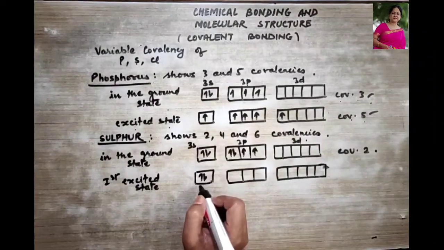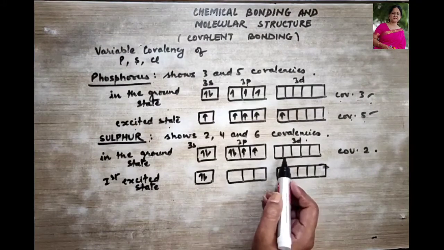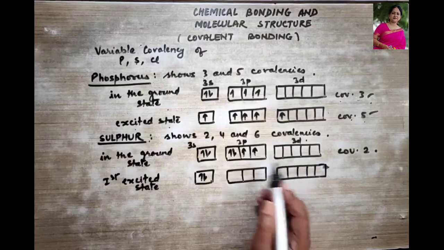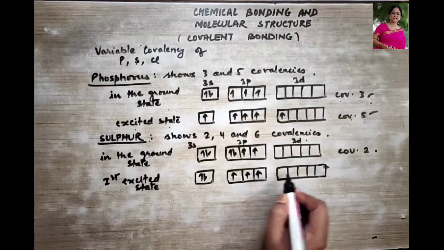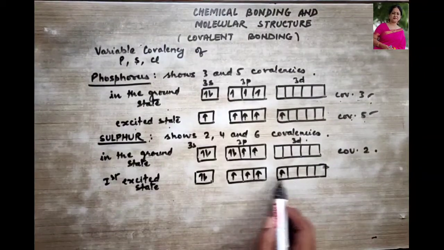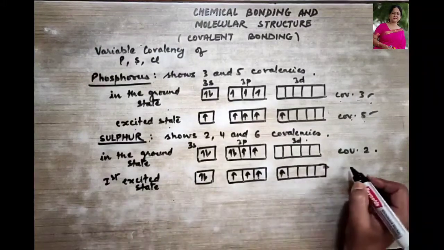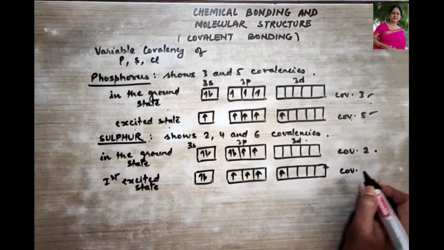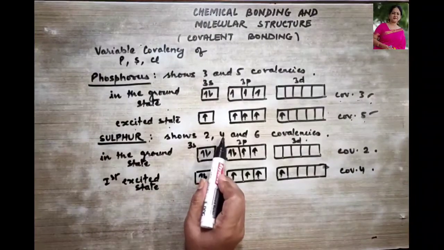So now this is 3s2. Now this electron is going to go to the next orbital. So this becomes 1, 2, 3, 4. Now look at the number of unpaired electrons. 1, 2, 3, 4. So in the first excited state, the covalency of sulfur is 4. So we got 2, we got 4.